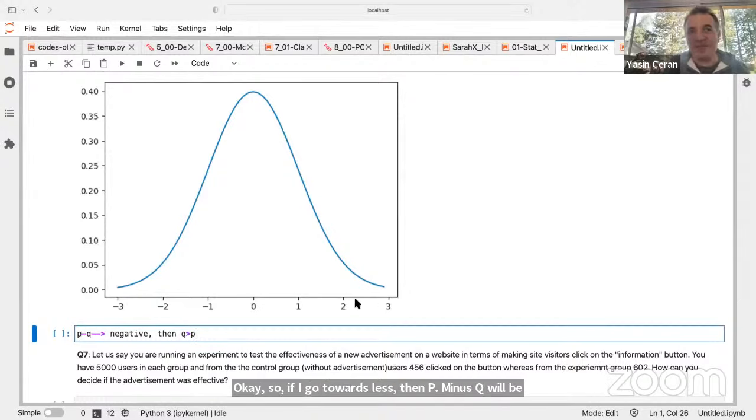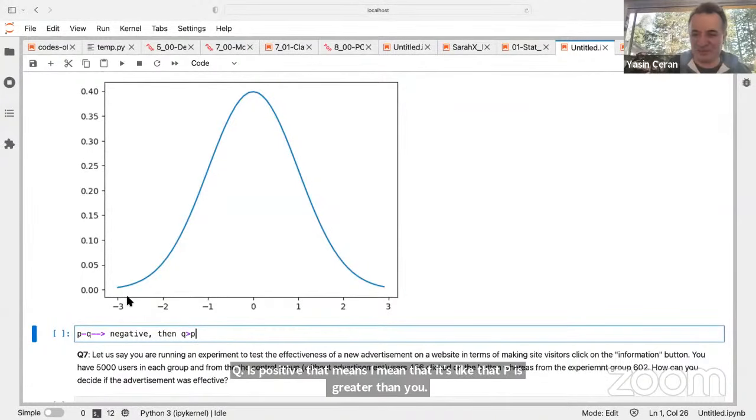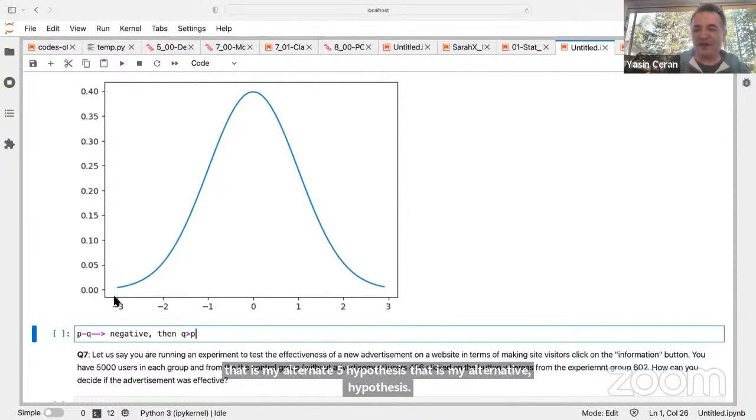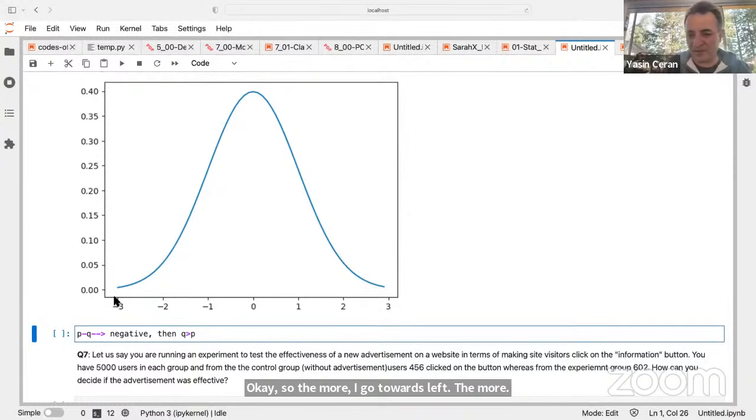So this number line is representing P minus Q. If P minus Q is 0, that means P and Q are the same and coming from the same distribution. If P minus Q is positive, it's likely that P is greater than Q. What I'm trying to see is if P is less than Q. That is my alternative hypothesis. So the more I go towards the left, the closer I get to my alternative hypothesis, and the less likely that P minus Q being negative is happening just by chance.